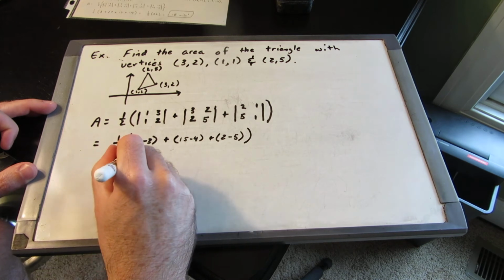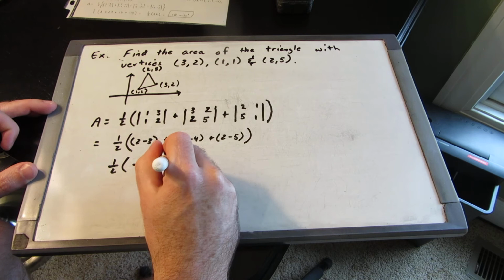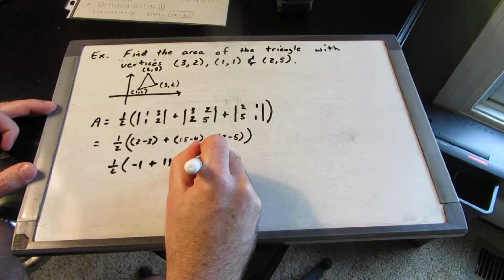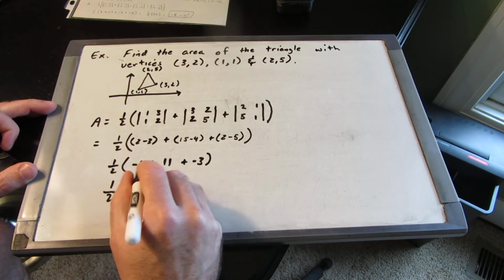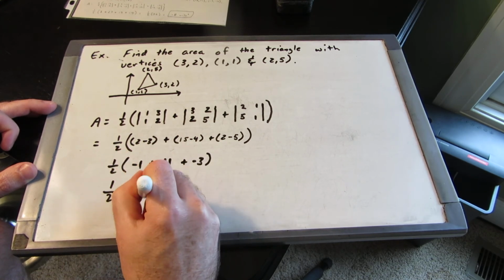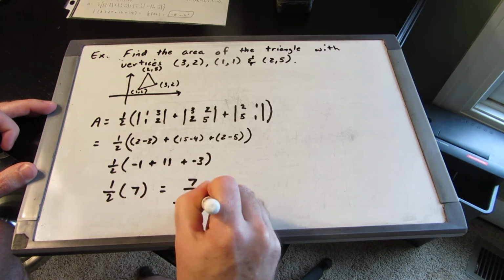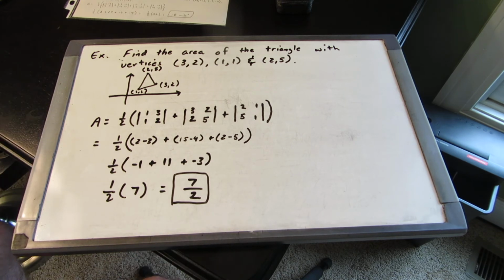So that's 1/2 times -1 plus 11 plus 2 minus 5 is -3. So that's 1/2 times 7, which is 7/2. So the area of that triangle is 7/2.